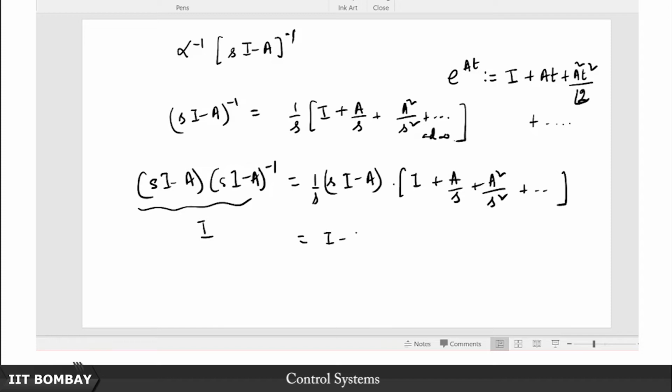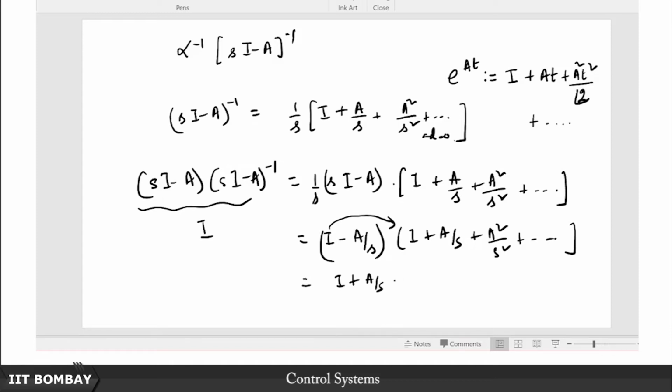So you basically have (I minus A by s) times (I plus A by s plus A squared by s squared plus dot dot dot till infinity), an infinite series. Now you open this up, so of course by multiplication with the identity you will just get back I plus A by s plus A squared by s squared plus A cubed by s cubed dot dot dot.